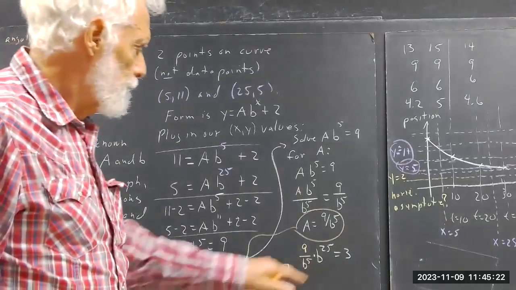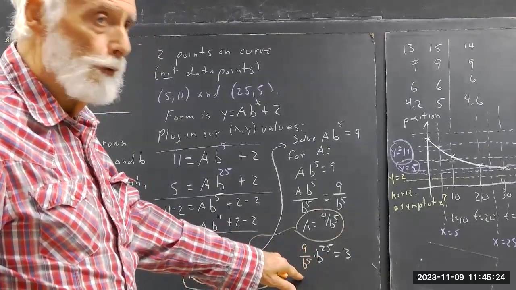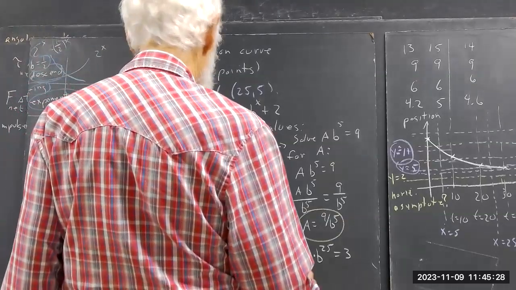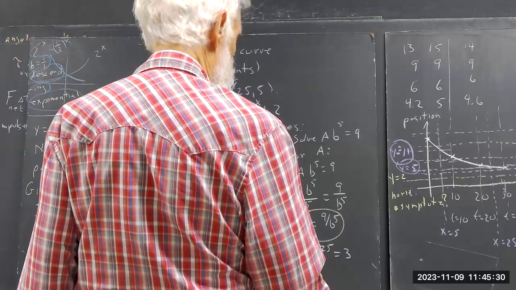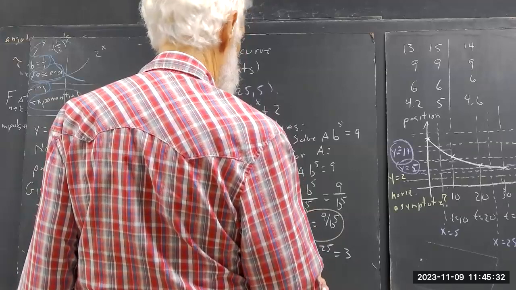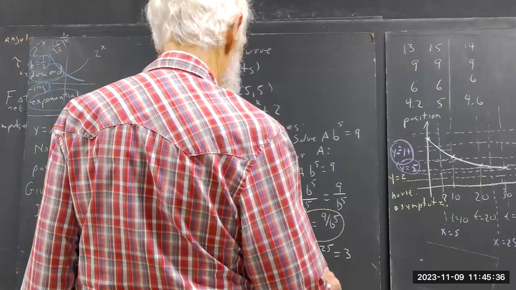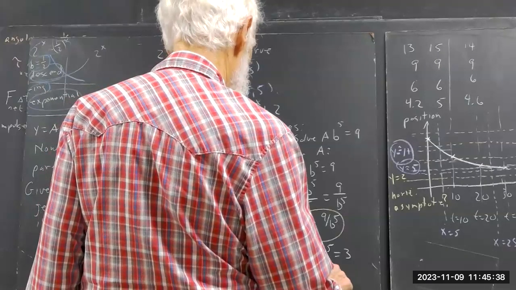Okay, well, what's b to the 25th over b to the 5th? It's 9 b to the 20th.